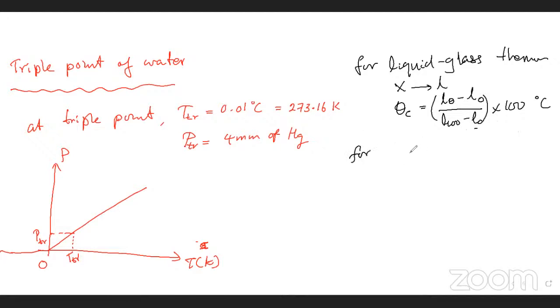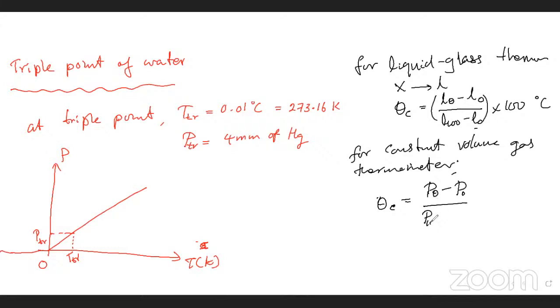If we write it for a constant volume gas thermometer, you can write this in the Celsius scale: for a constant volume gas thermometer, the volume is constant and the pressure changes. Theta equals the pressure at theta Celsius minus the pressure at 0 Celsius, divided by the pressure at 100 Celsius minus the pressure at 0 Celsius, multiplied by 100. The pressure can also be given by the liquid column, h rho g, and rho and g cancel.